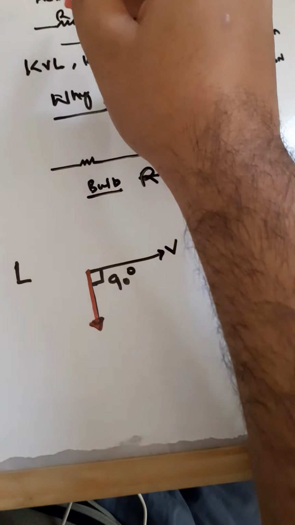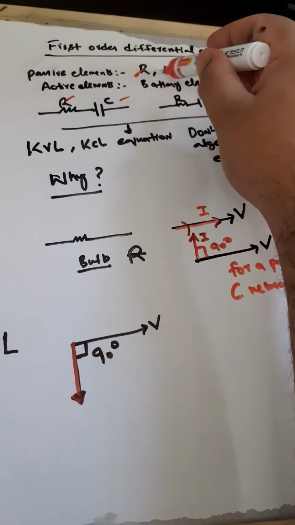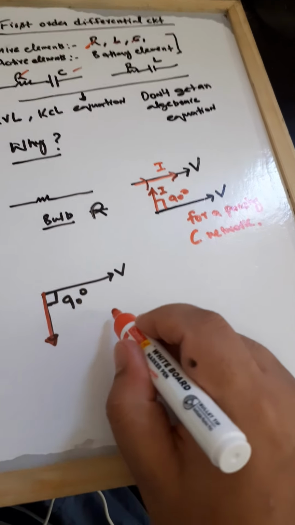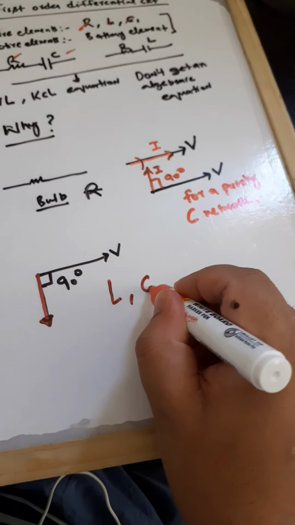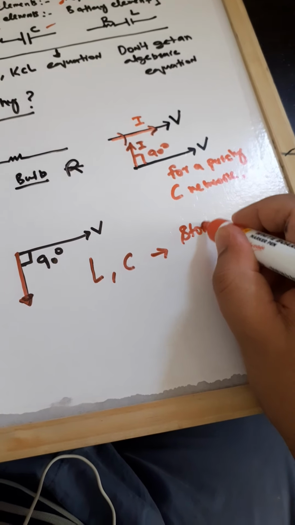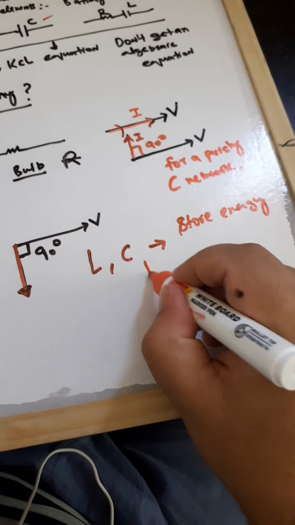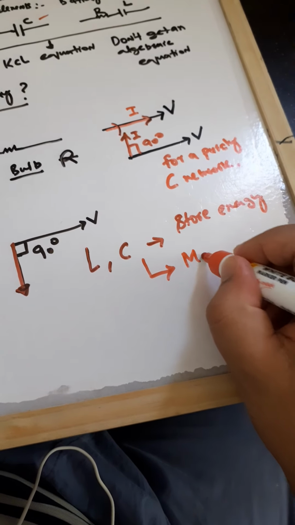With resistance and capacitance, these are passive elements. Your resistance, inductance and capacitance are passive elements, but your L and C have one more property. It can store energy. So once it can store energy, that means this L and C has got some memory.